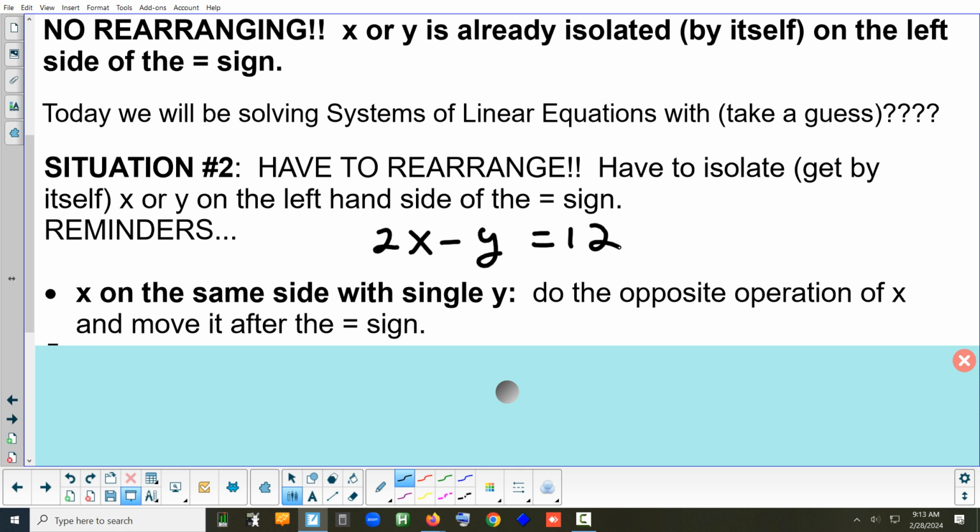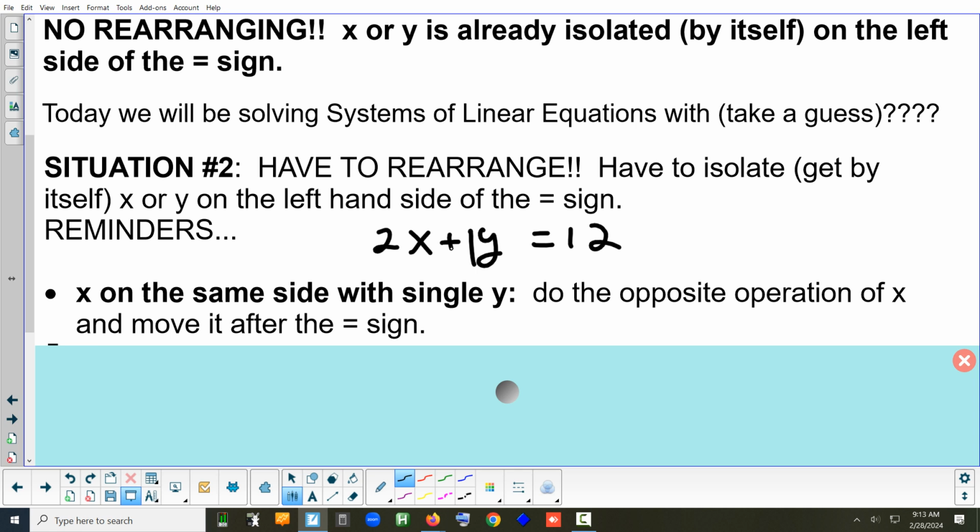That's an x on the same side of the equation with a single y. When I say single, I mean that there's a 1 in front of it. Plus 1 or minus 1, it wouldn't matter.